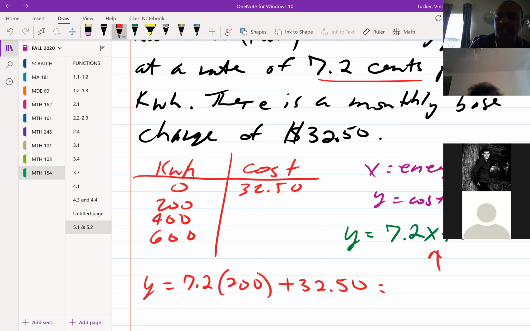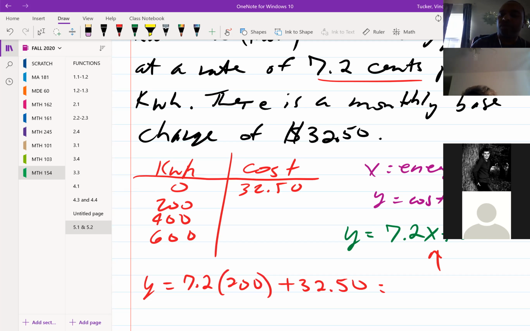I was about to say my number's not coming out right. That's supposed to be 7.2 cents per kilowatt hour, so I need to move it over 2 decimal places. Why would they give it to you like that? That's weird. Anyway, it's not just 7.2.